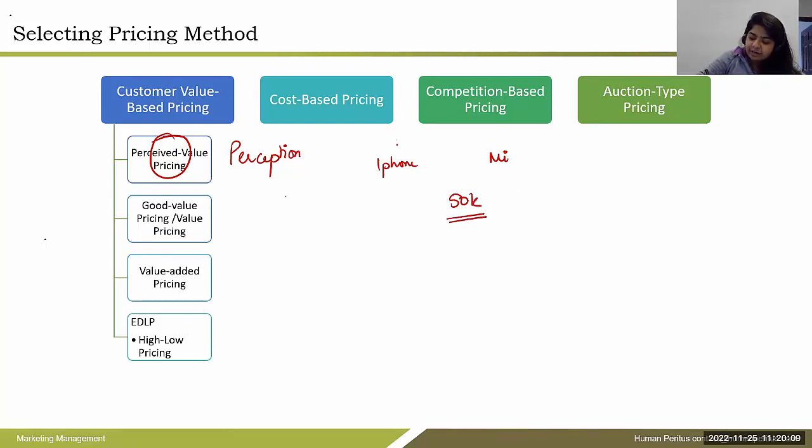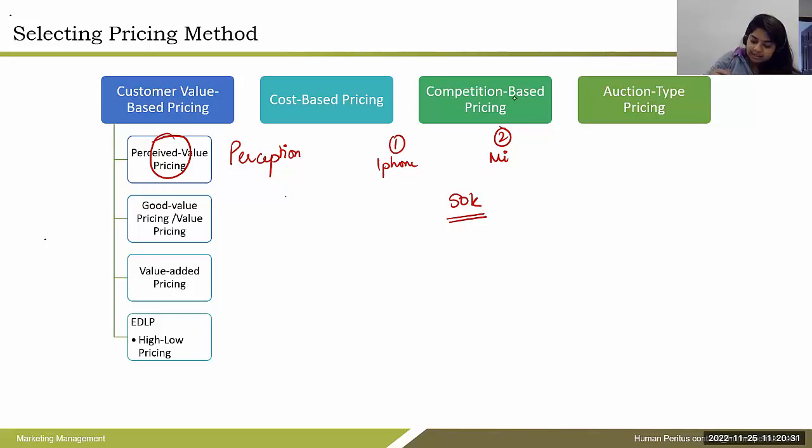Will you pay it for iPhone or MI? Just write one or two. Everybody is saying one. Reason being, we have a perception that MI phones are not worth 50,000. Okay. So it is on the perception of the customer: perceived value pricing.